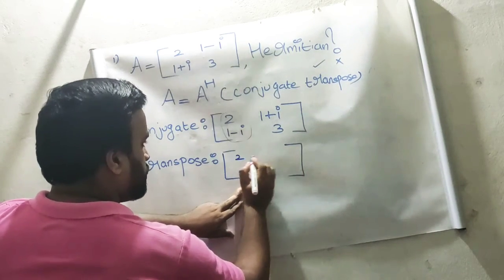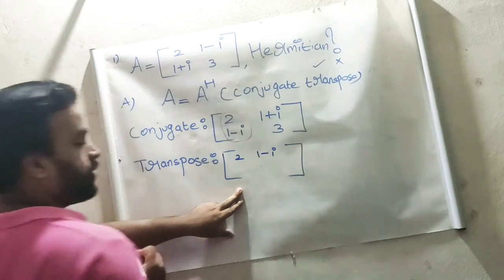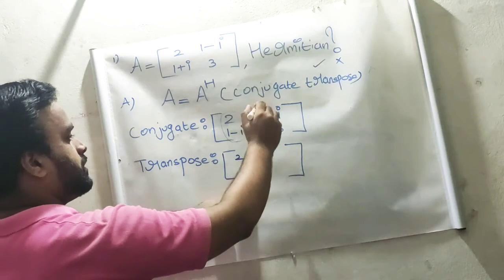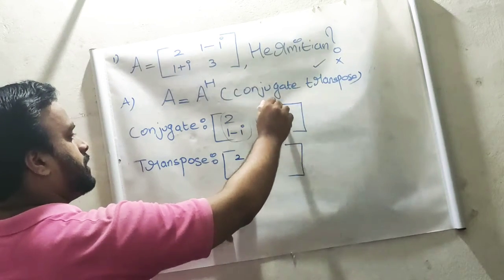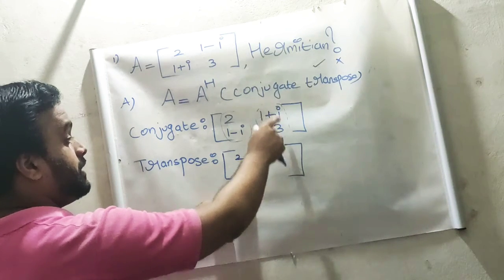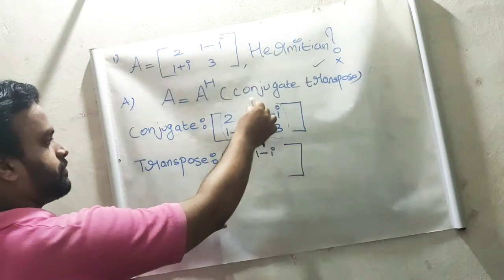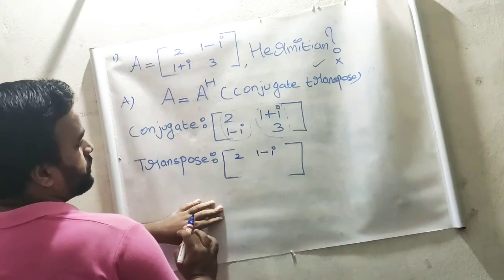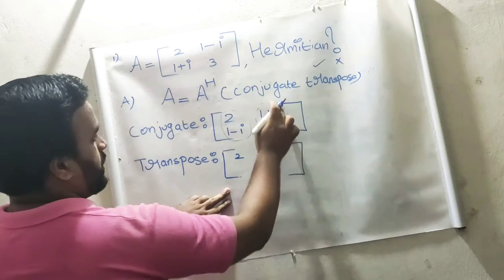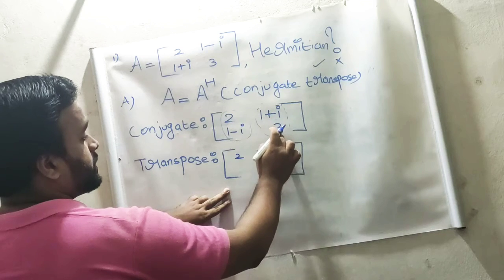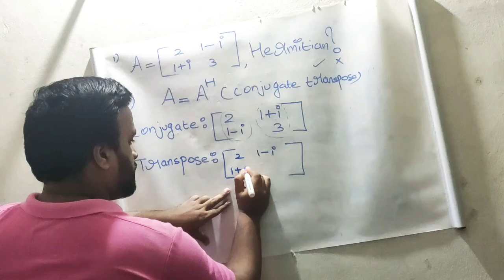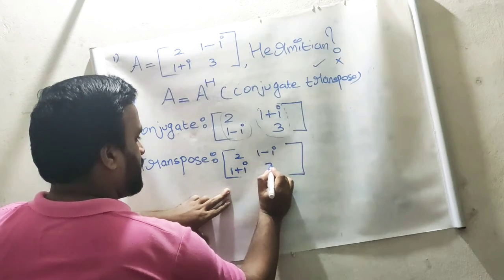So the first column, 2, 1 plus i, becomes the row 2, 1 plus i. The next column, 1 minus i, 3, becomes the row 1 minus i, 3.